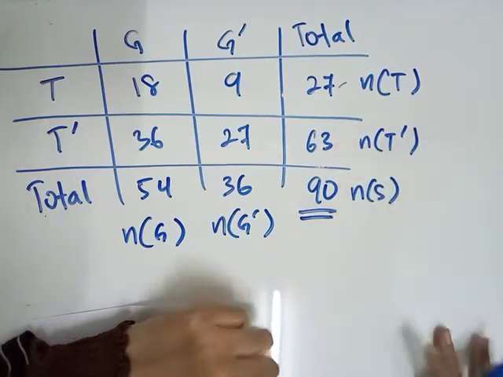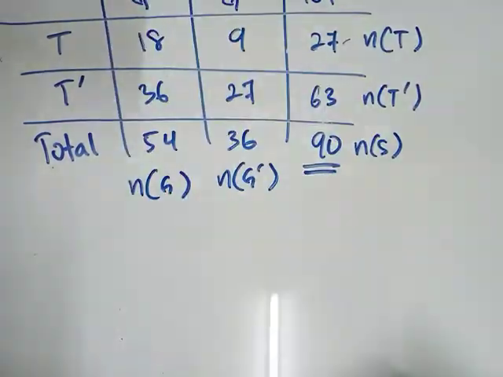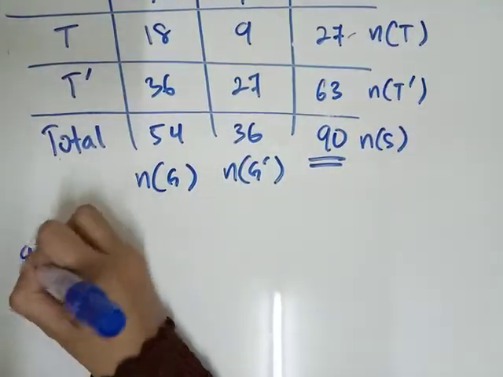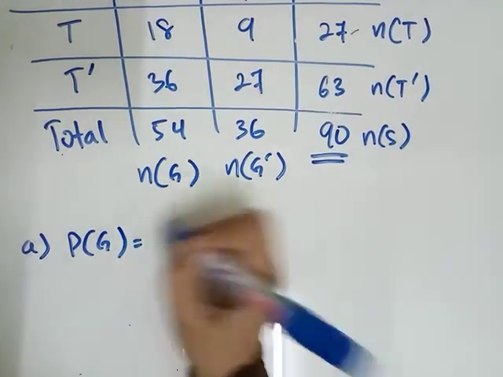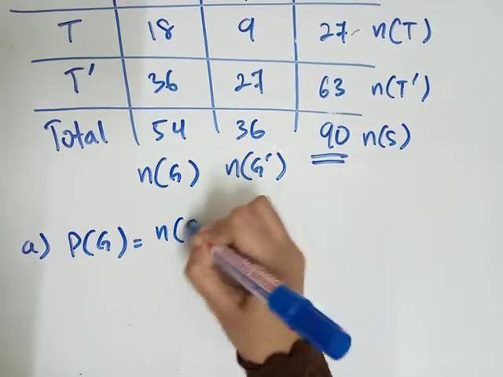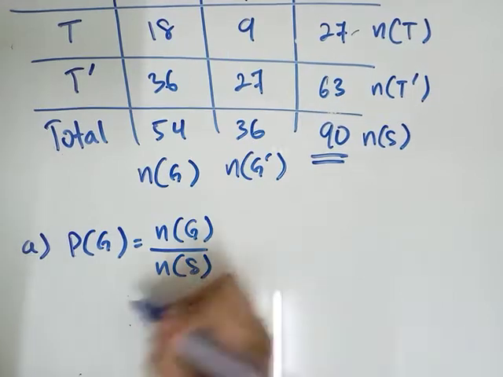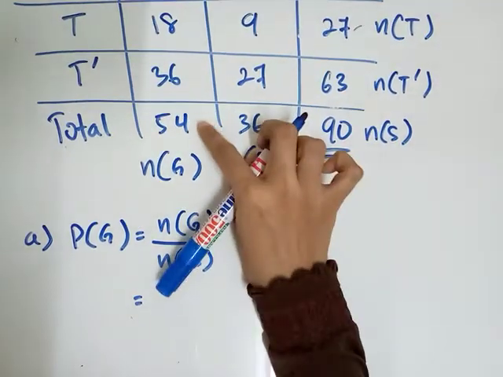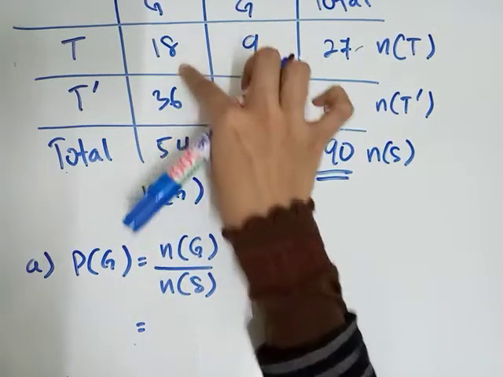Okay, dah calculate semua ni, barulah kita tengok pada A dia nak probability of G. Formula dia number of elements in set G over number of elements in sample space. We know that NG is this one, 54, bukannya 18, bukannya 36.